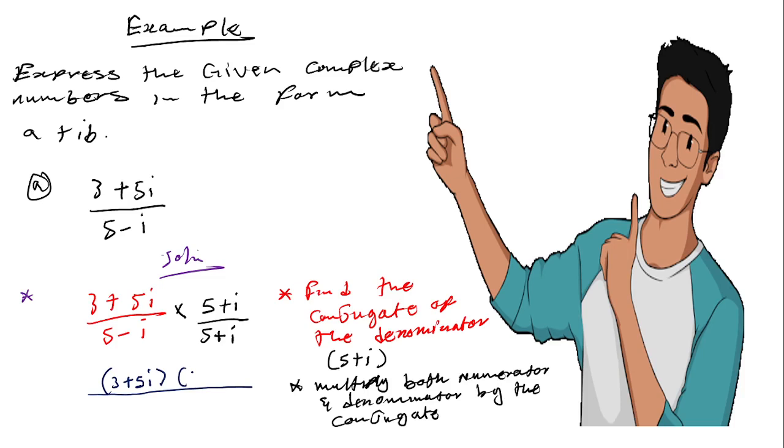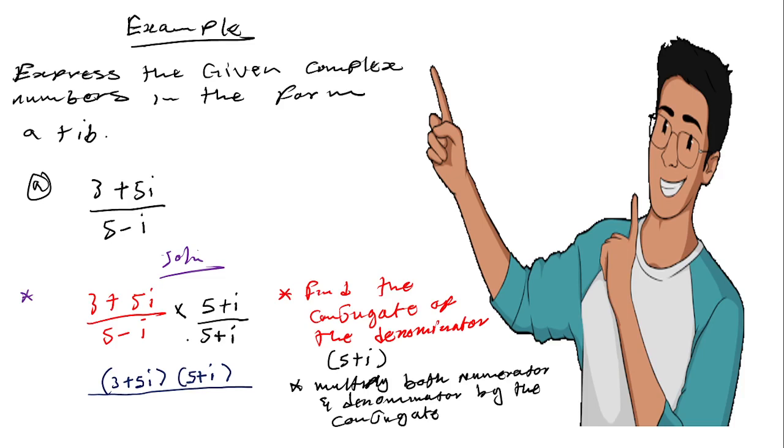So if you look at the last section of our lesson yesterday, which was how to multiply the conjugate of a complex number by that complex number, what we discovered was the answer is just 5 squared minus i squared.